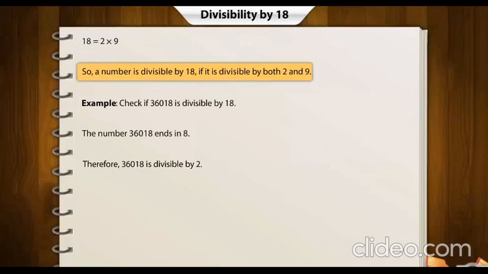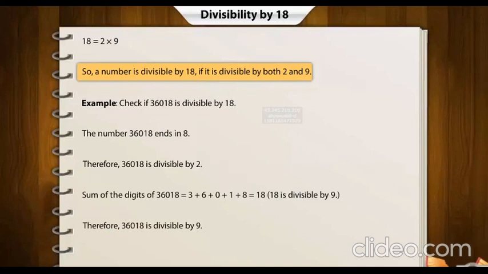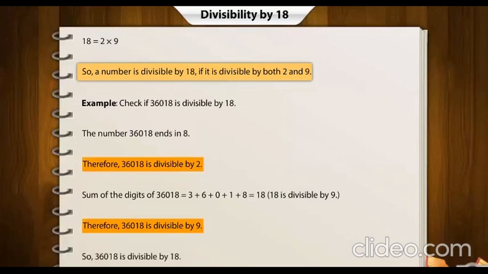Now, let's check the number for divisibility by 9. The sum of the digits of the number 36,018 is 18. Since 18 is divisible by 9, the number 36,018 is also divisible by 9. Since this number is divisible by both 2 and 9, we can say that it is divisible by 18.